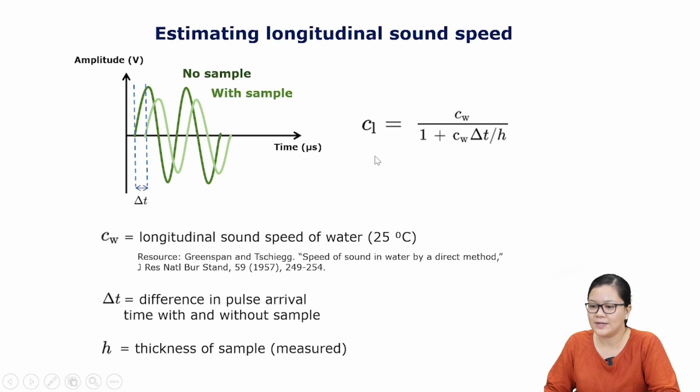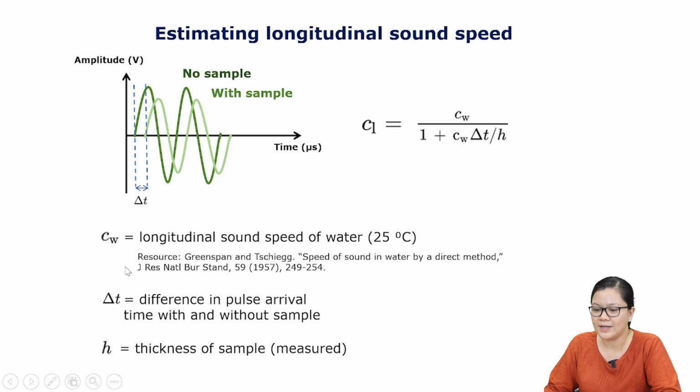This is the equation that you will use to estimate the longitudinal sound speed of a particular sample. It is a function of the longitudinal sound speed of water, which is C_W here. There's a nice resource from a journal in the 1950s that already tabulated all the temperatures and the longitudinal sound speed that was measured in fresh water.